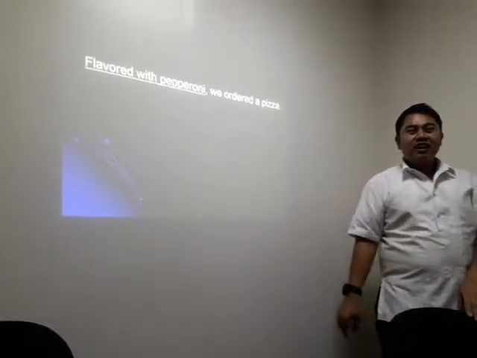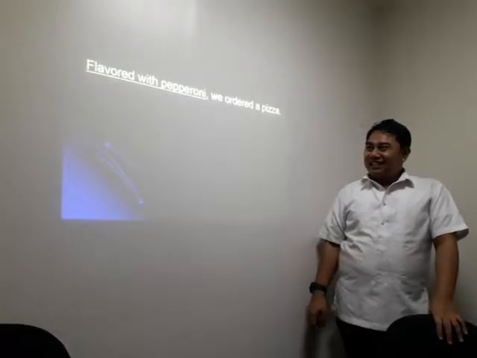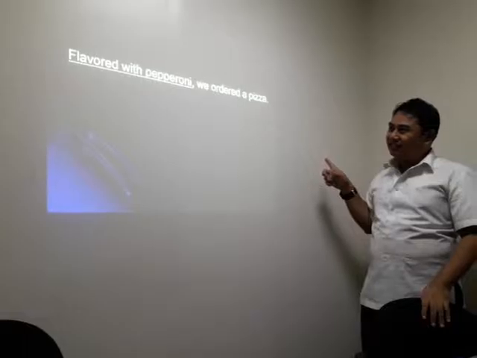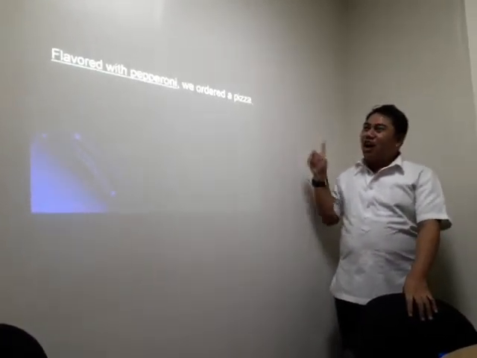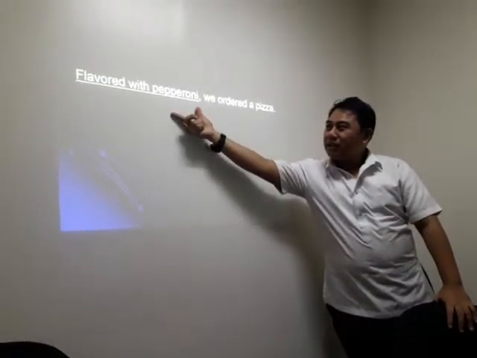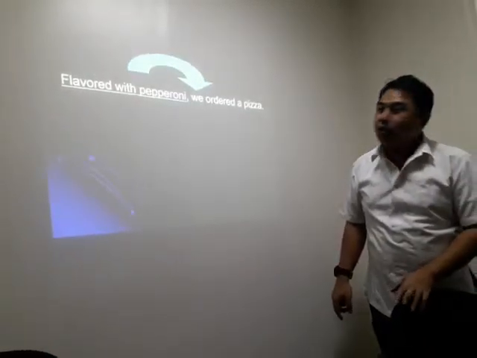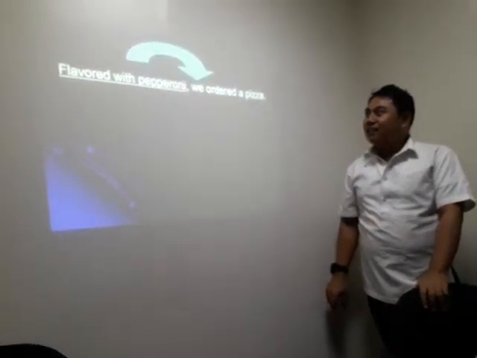Someone would like to read it. Greg, would you like to read it, please? Very good. Flavored with pepperoni, we ordered pizza. Now you are smiling again. Why? Because this one is your modifier. You have an arrow there. It modifies the pronoun, we.